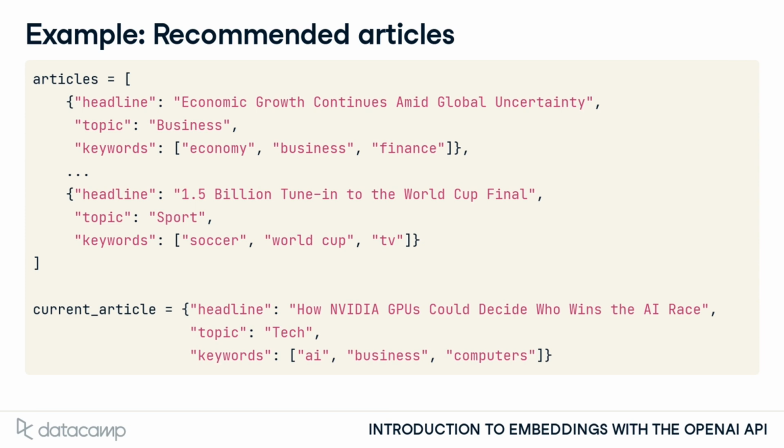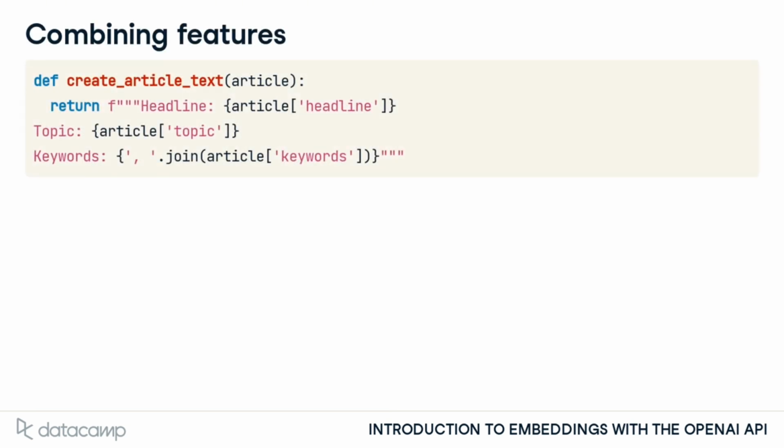To prepare both of these objects for embedding, we'll first need to combine the features into a single string for each article. We'll be reusing the createArticleText function you may remember from earlier, which extracts the headline, topic, and keywords and uses an f string to combine them into a single string.